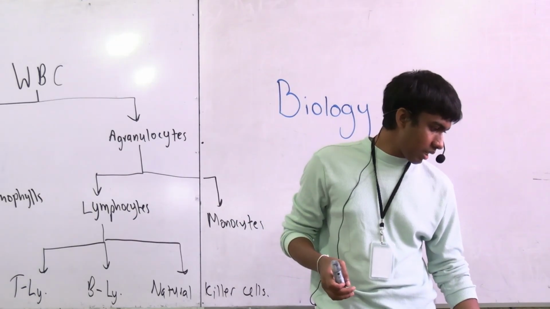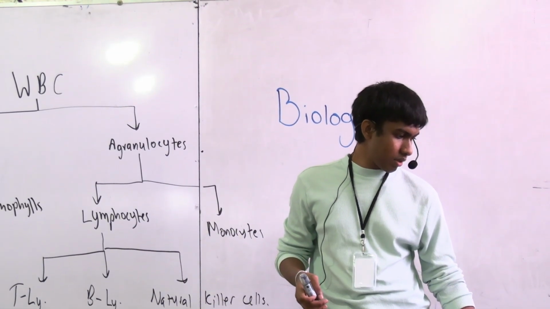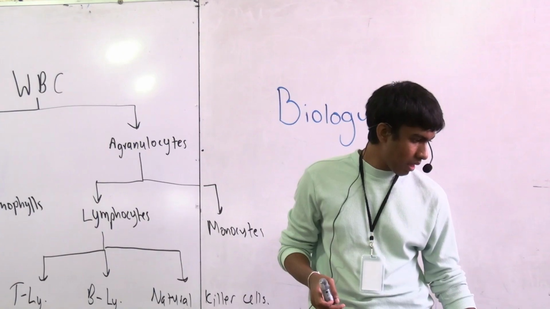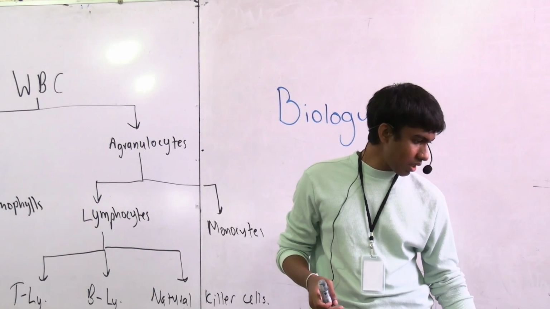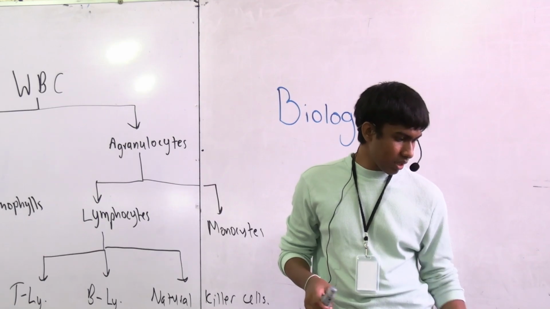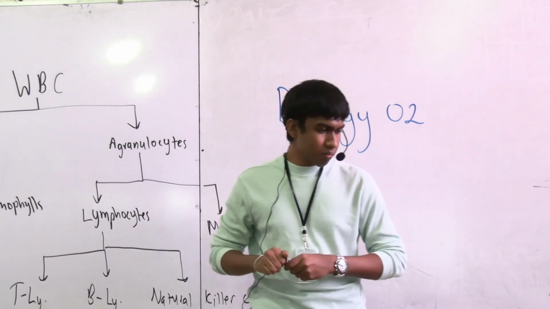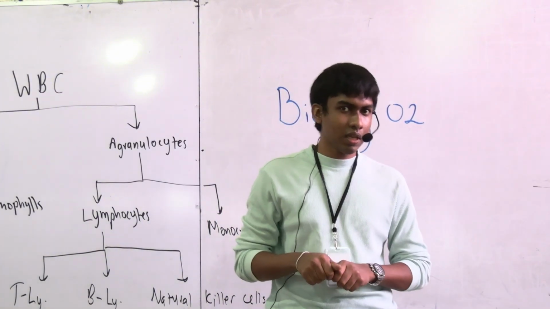So the endocrine gland that secretes glucagon is the pancreas. Calcitonin is secreted by the thyroid gland. Calcitonin reduces blood calcium.